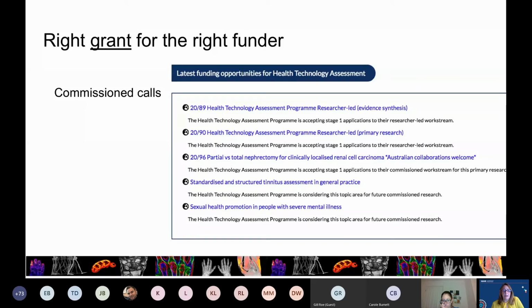So it's around partial versus total nephrectomy for clinically localised renal cell carcinoma. Australian collaborations welcome, which means the Australian government are going to put in some money, which is great. A standardised and structured tinnitus assessment in general practice. So they will say, we think that these are important things. Why don't you put in an application around this?